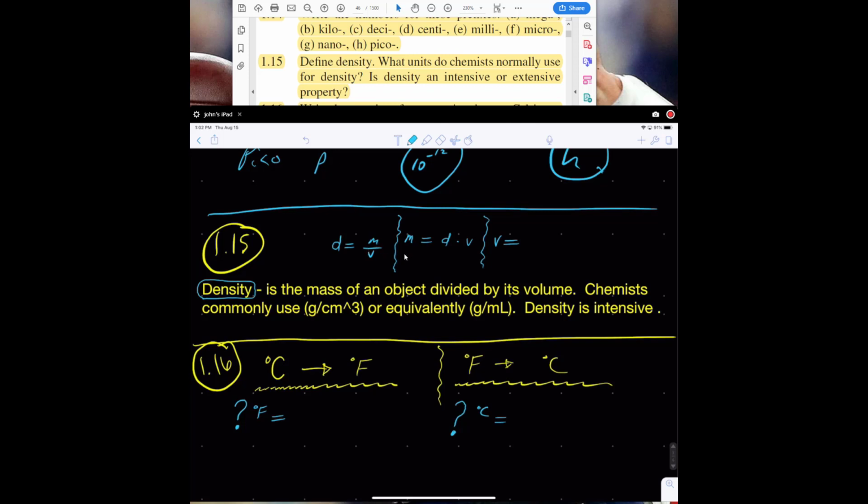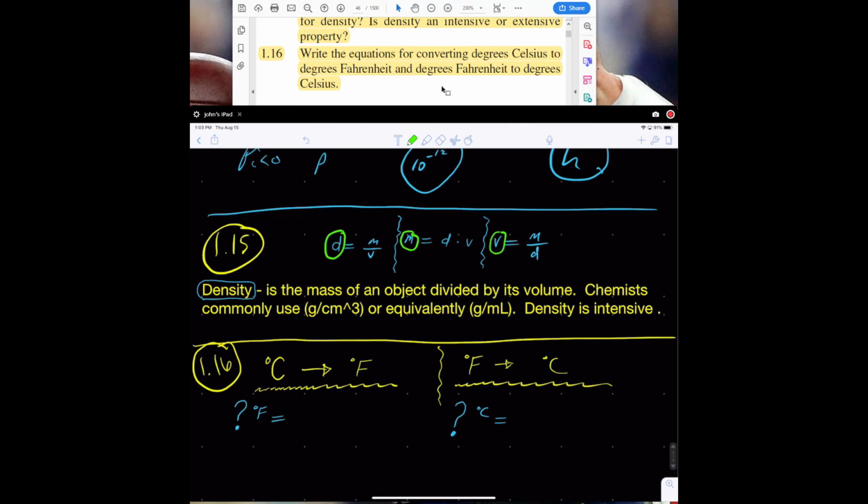So it'd be V equals M over D, which is exactly what the volume is. So that there is how we can use the density equation to solve for each of those variables. And that's just switching things up using some algebra, right? Using what we know from algebra.